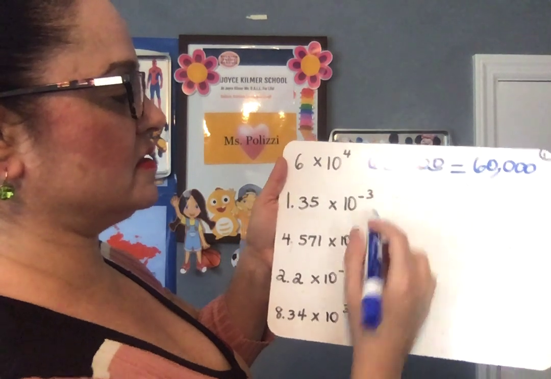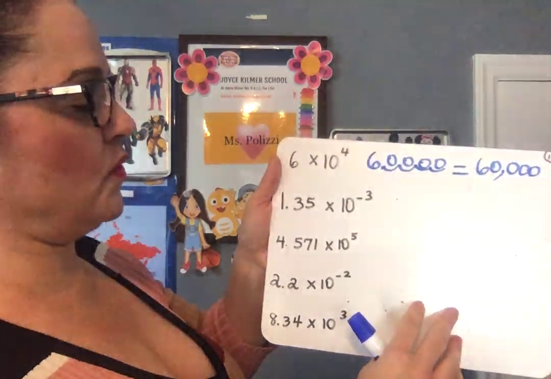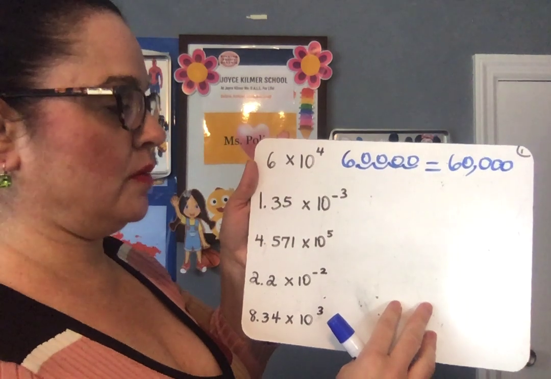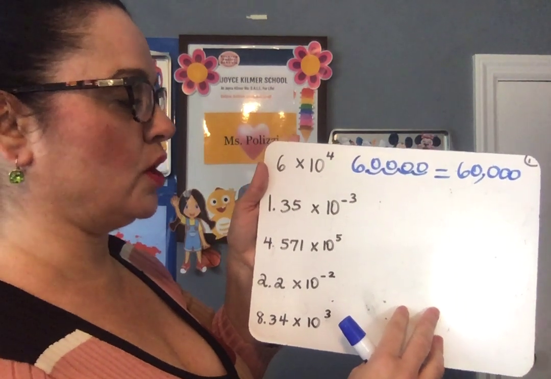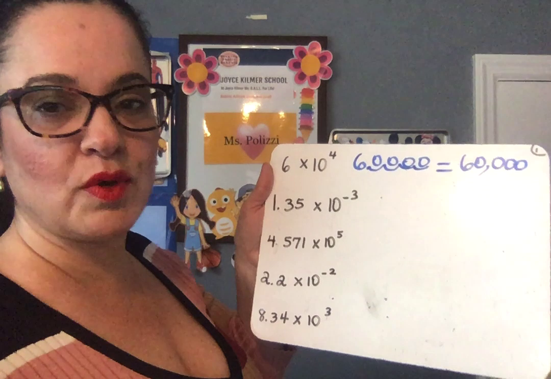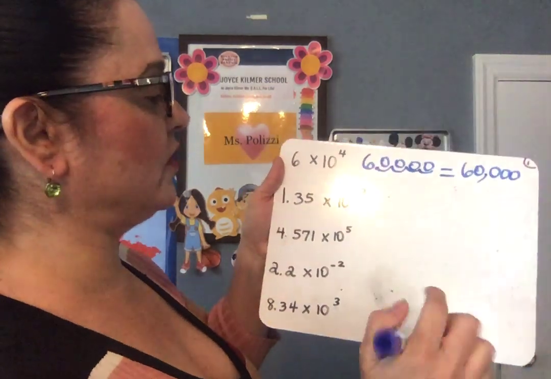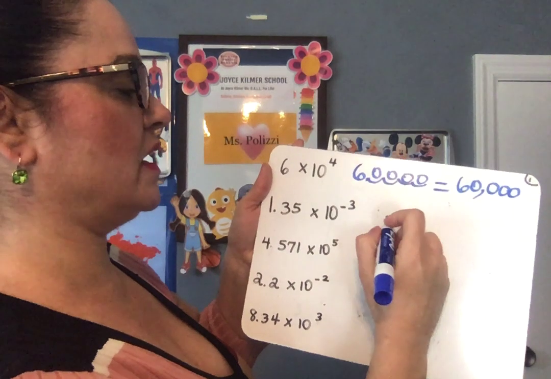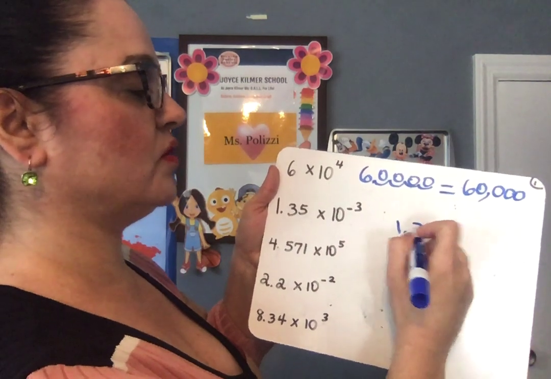All right, in this example here, you have 1.35 times 10 to the negative 3rd power. So when it's negative, we're going to start at our decimal point and move 3 spaces to the left. So here we have 1.35.